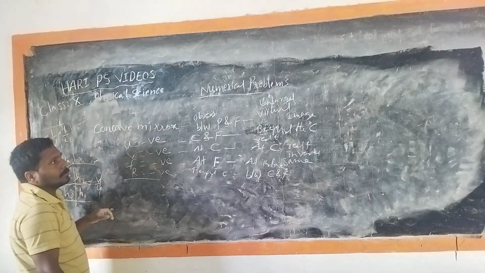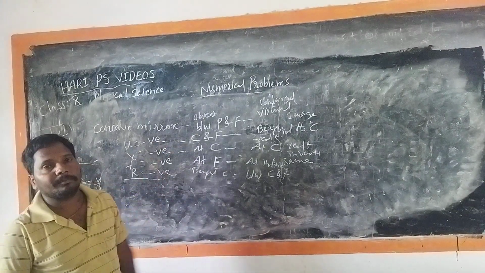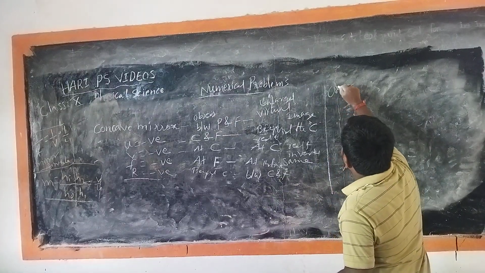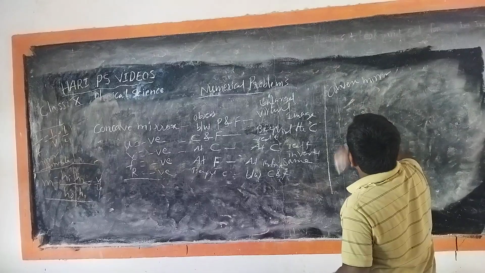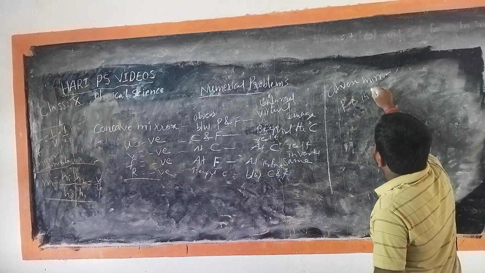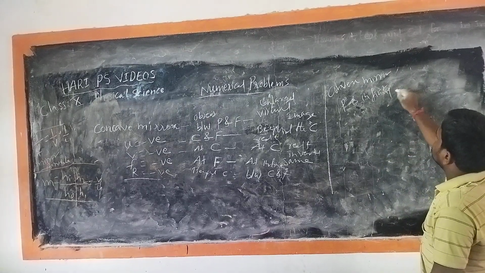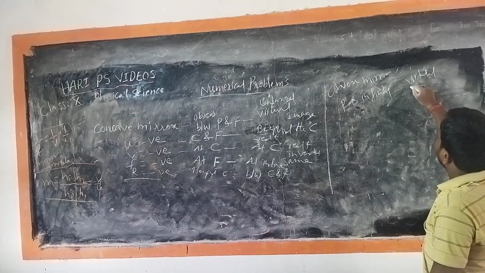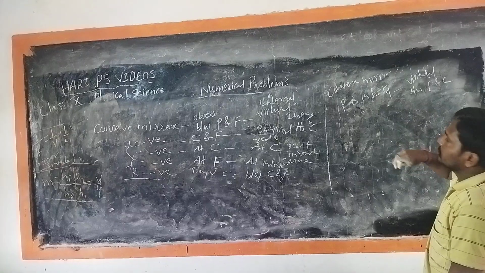Then regarding the convex mirror, the object is placed between the pole and infinity. Regarding the convex mirror, with the object between pole and infinity, the image is formed virtual, between focus and center of curvature.